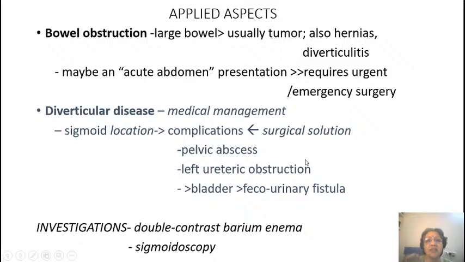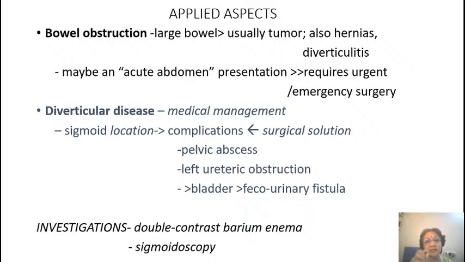Consider the loop of sigmoid colon, which is in the pelvis and inflamed, rubbing against the urinary bladder wall, which it is related to. The urinary bladder is infraperitoneal, we'll look at that later, but its superior surface is covered with parietal peritoneum. There is a possibility that inflammation of the wall of the sigmoid colon would raise a peritoneal inflammation, which would become a bladder wall inflammation because they are in continuous contact for a long time.